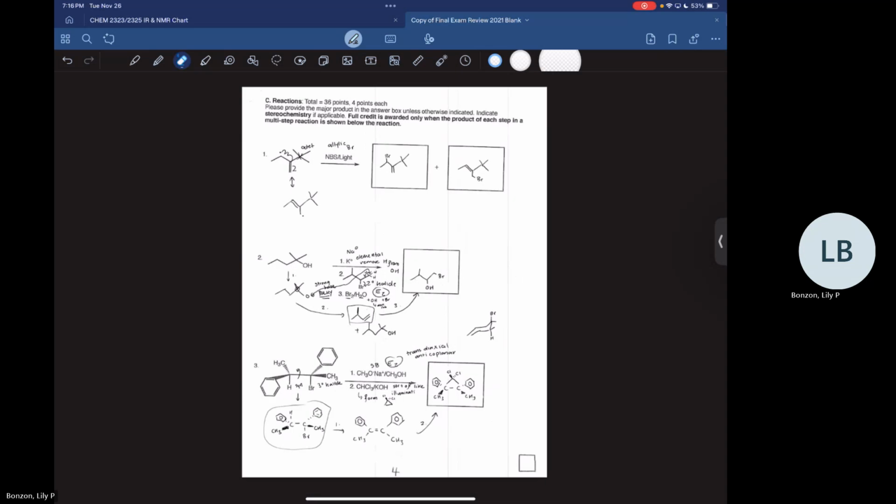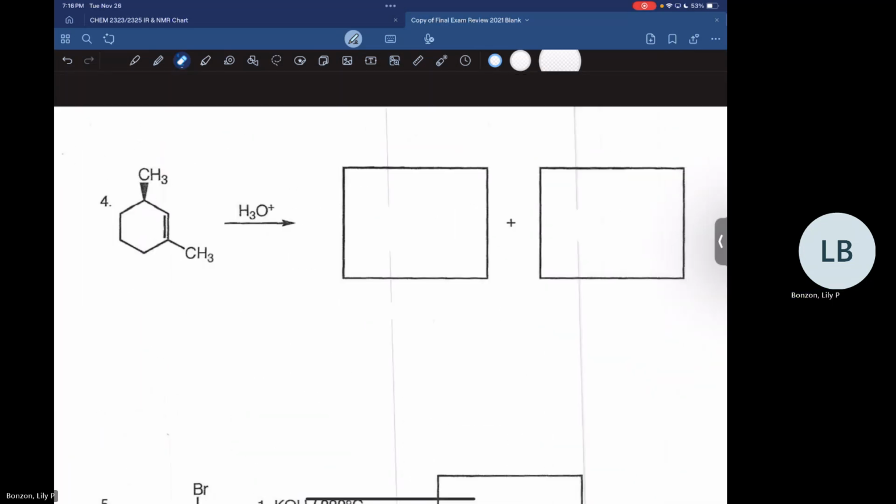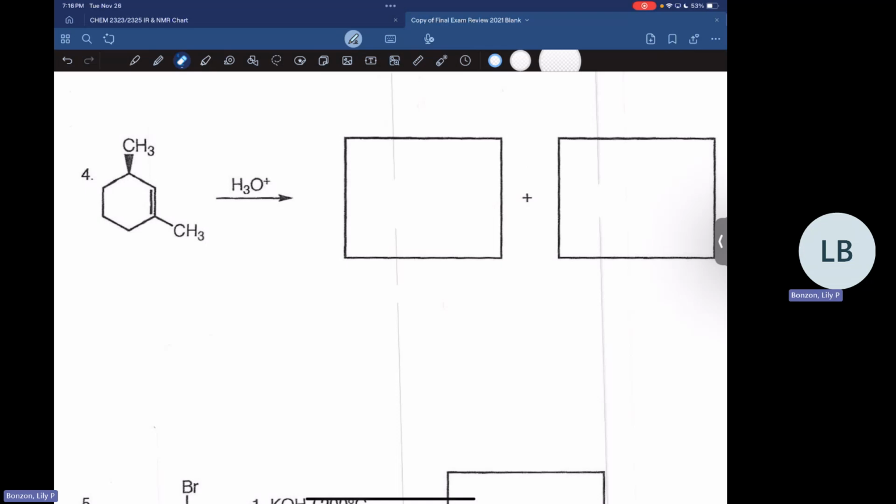So moving on to the next page. We have H3O plus and we have a double bond. With H3O plus and a double bond, the first step is going to be the addition of a hydrogen to the less substituted side of the double bond.